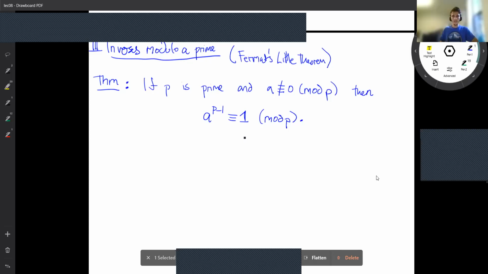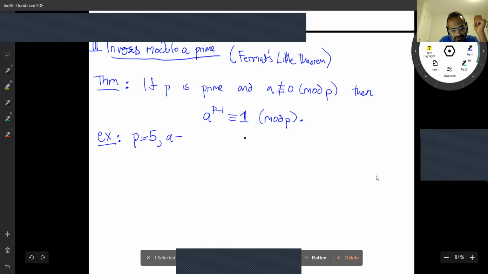Let me just show you a numerical example before proving the theorem. Suppose P is 5 and A is 2. Then indeed, as the theorem predicts, 2 to the 5 minus 1 is 2 to the 4, which is 16, which is indeed congruent to 1 modulo 5.